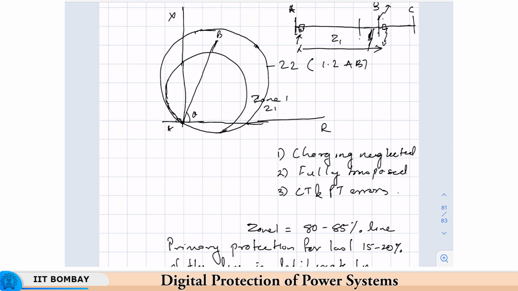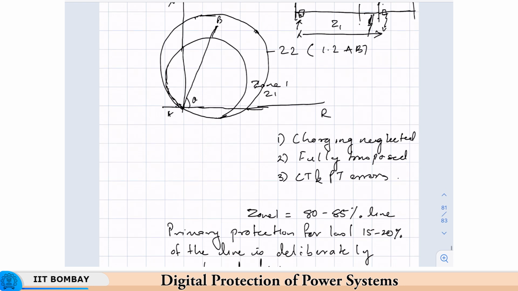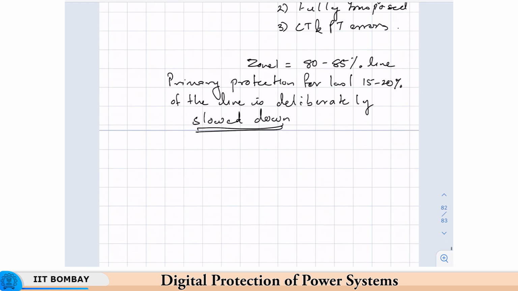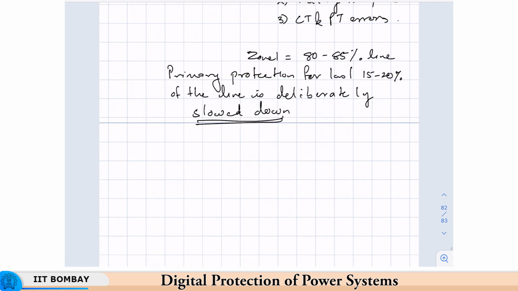Okay. So now this part of the line. Okay, I'll draw it again. So up to say 80 to 85% is zone 1, and then beyond that 20% more will be zone 2.